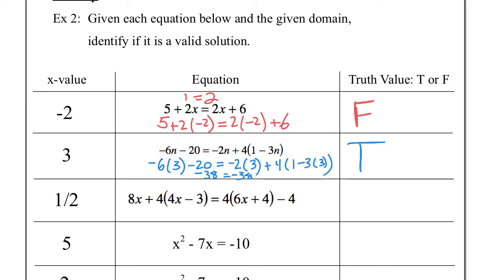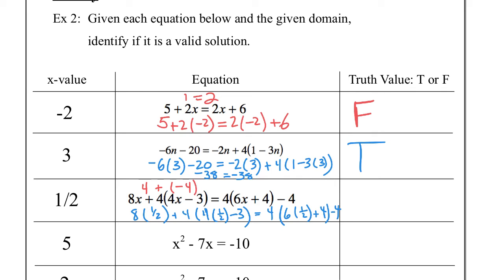For the 1/2, this is where using the calculator might be helpful. We're going to substitute in a 1/2 for x. Now if we evaluate or simplify, we're going to get 8 times 1/2 is 4, plus 4 times 1/2 is 2, minus 3 is -1, times the 4 out front is going to be -4.